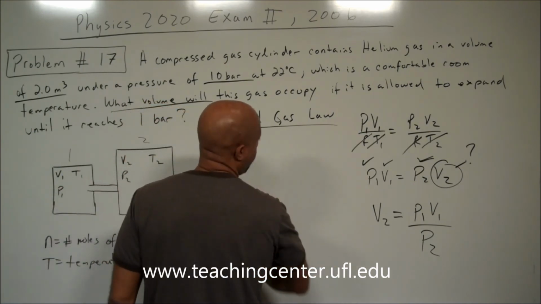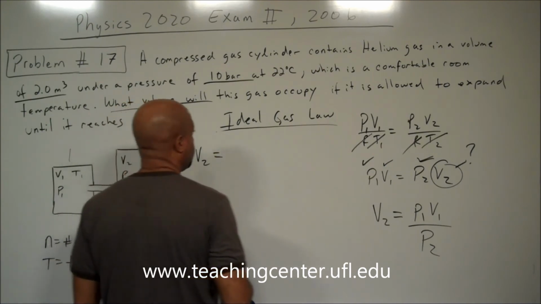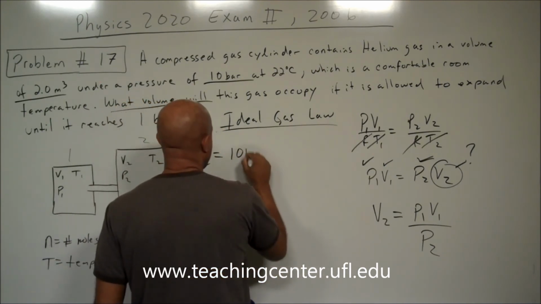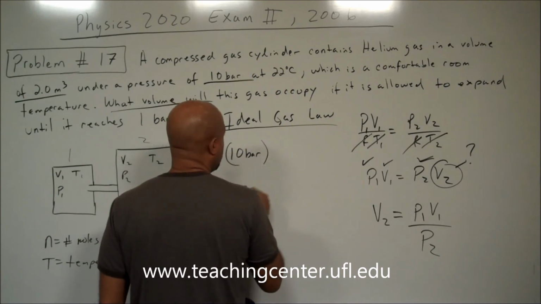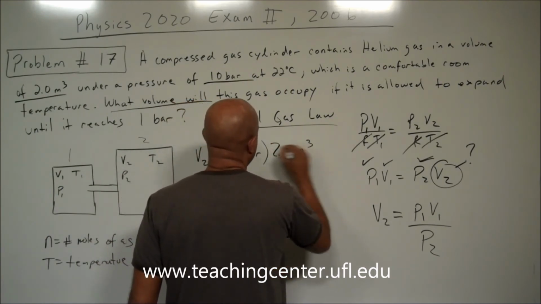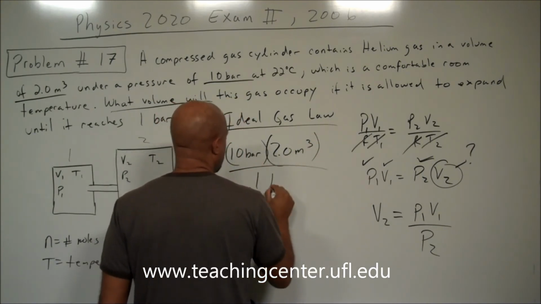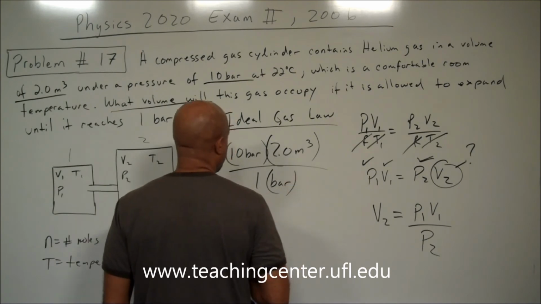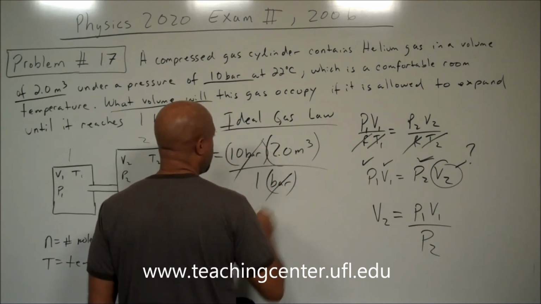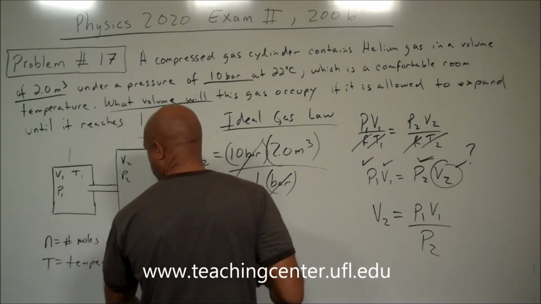So the volume in the second tank is equal to the pressure in the first tank, 10 bars, multiplied by the volume, 2.0 meters cubed, divided by the pressure of the second tank, which is 1 bar. The bars cancel out, and we're left with just meters cubed, which is volume, what we want.